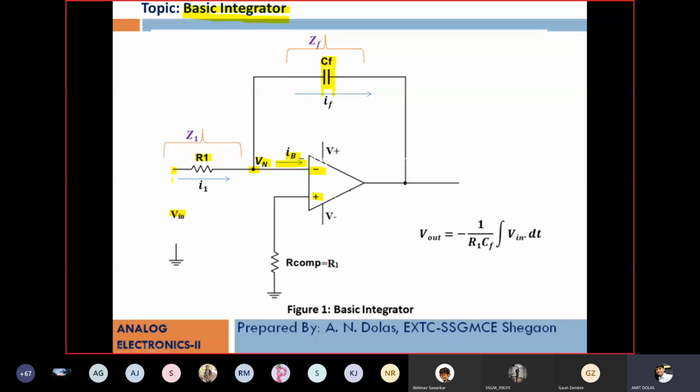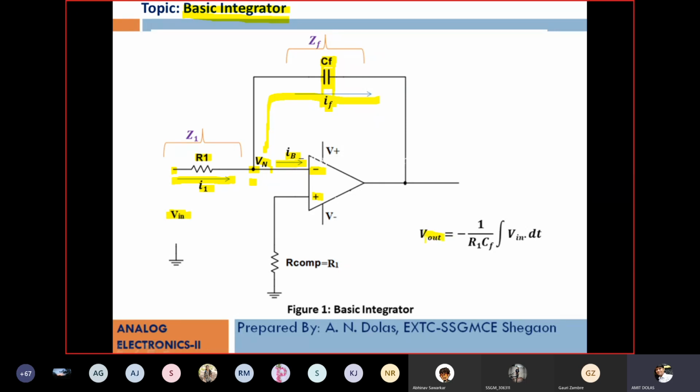So IB will be 0. There will be a current passing through resistance R1 called I1. Due to this, V in will pass towards node V1. It will not go into the op-amp. So this current will move into the capacitor, referred to as current IF, feedback current you may say.